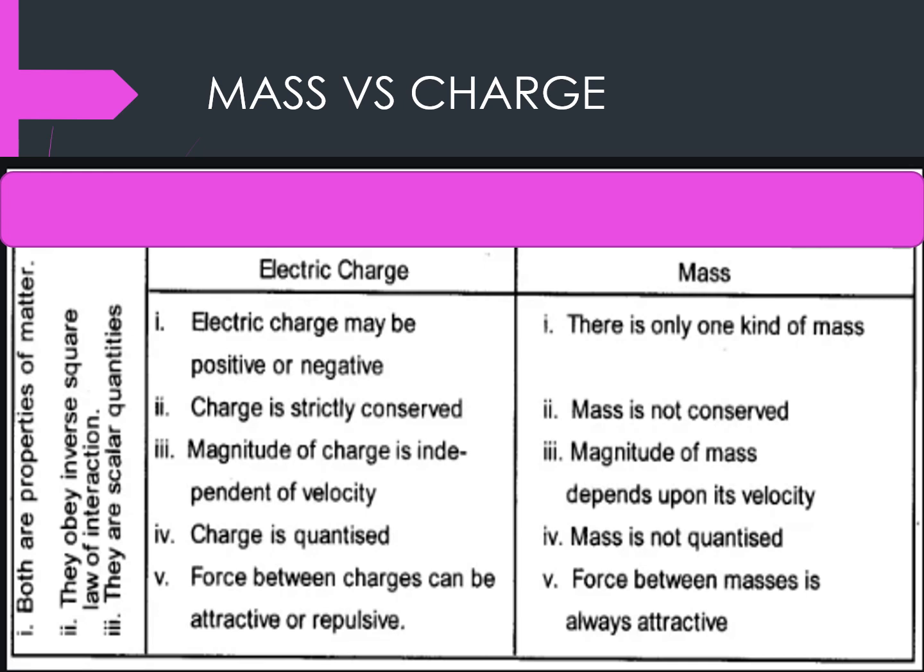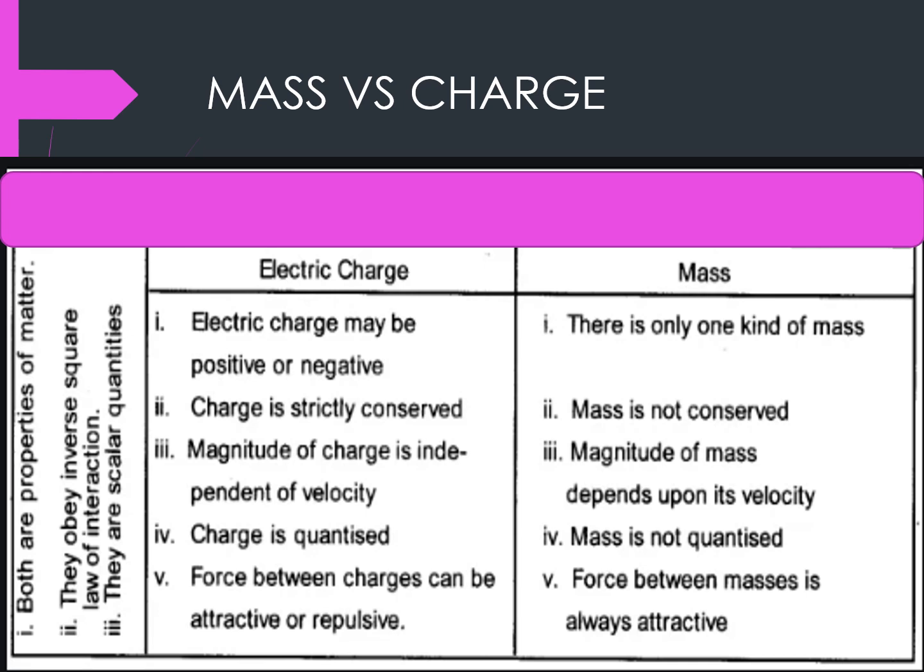Next is acceleration. When a mass is accelerated, it does not radiate any energy, whereas when a charge is accelerated, it radiates energy. For example, you can see in alpha rays and beta rays, what happens is due to the accelerated charge, the particle emits or radiates energy.